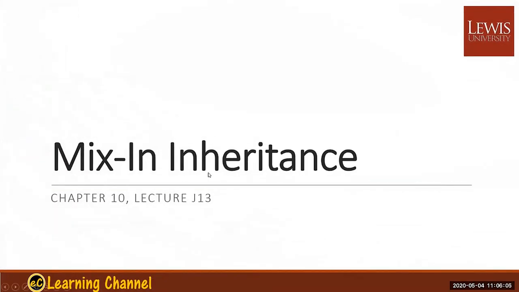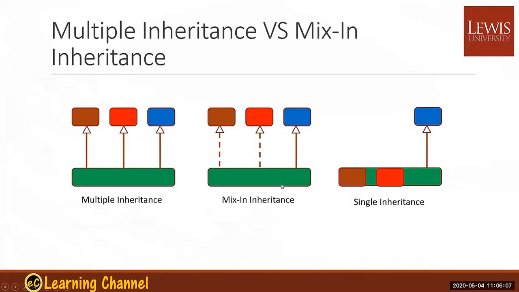Okay, mix-in inheritance. Now we go back to the Java mix-in inheritance. So mix-in inheritance means you have interface, you have abstract class. Okay. So the left-hand side is called multiple inheritance. You allow multiple parent classes.